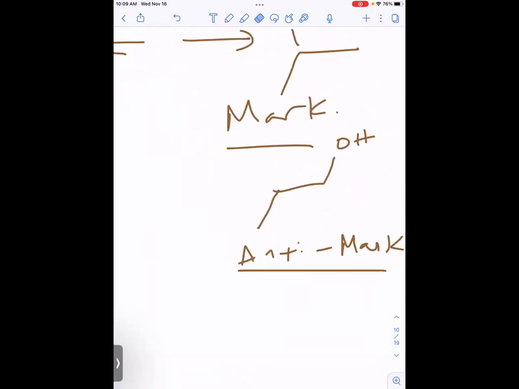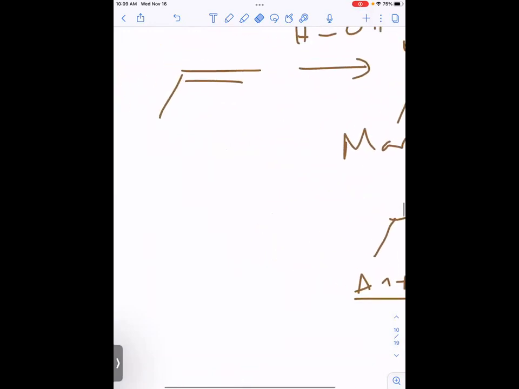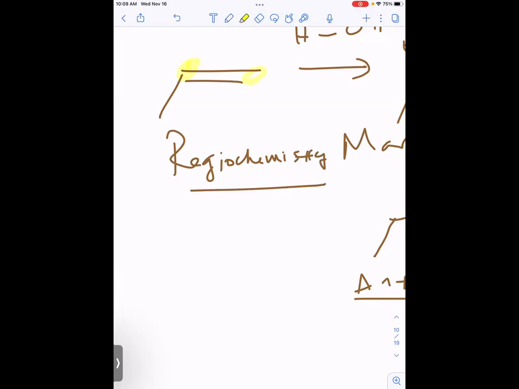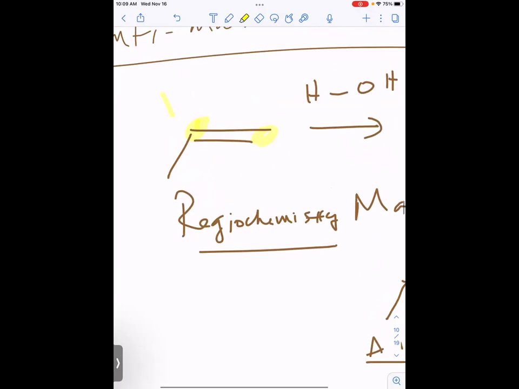And this is, again, dealing with the regiochemistry. Because this is a region of the alkene, and that's also a region. We'll just say that's region 1.